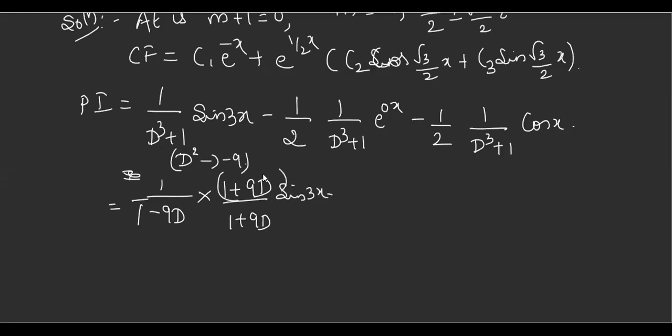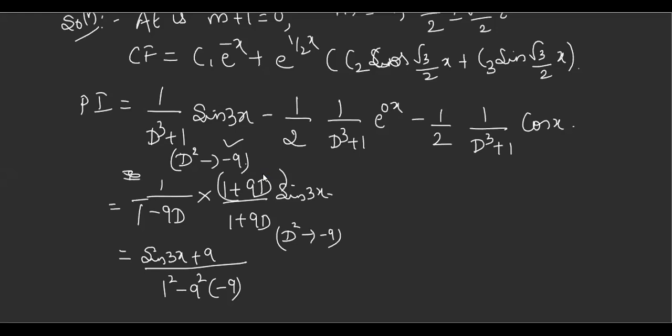Let us take it now. So again, denominator is 1 square minus 9 square, and how to write D square? Minus 9. Okay? Take this sine 3x inside. 1 into sine 3x, same, plus 9 into D operating on sine 3x is how much?